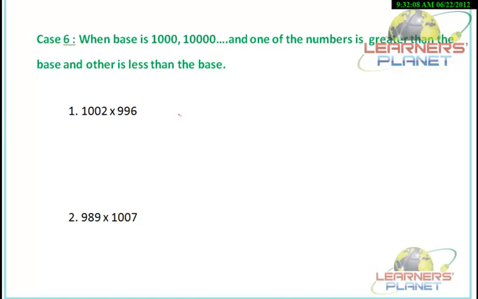Now we'll be taking the difference from 1000. So it's 1002 and 996. Now we are going to take the difference from 1000. So it's plus 2 from 1000, and it is minus 4 from 1000.